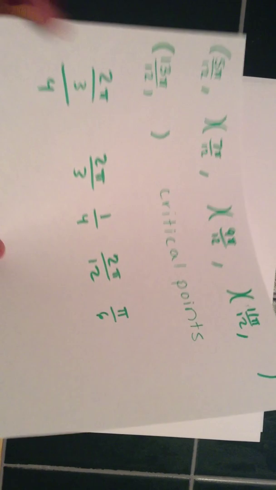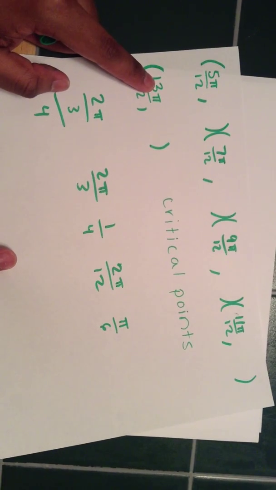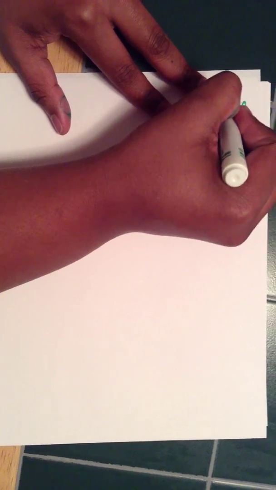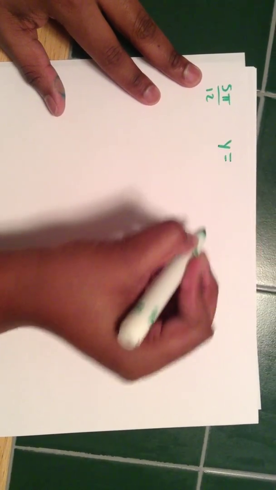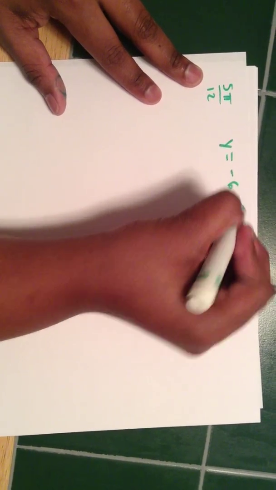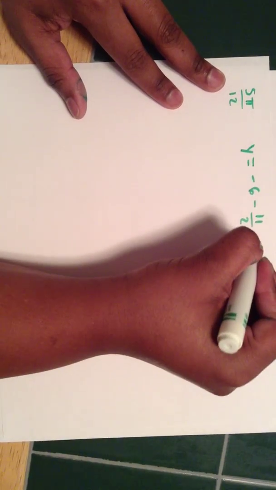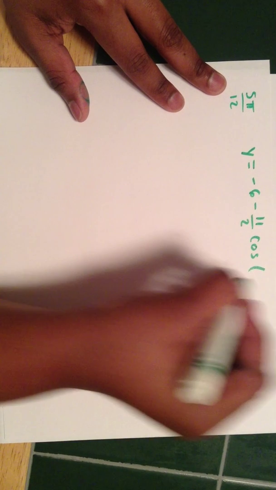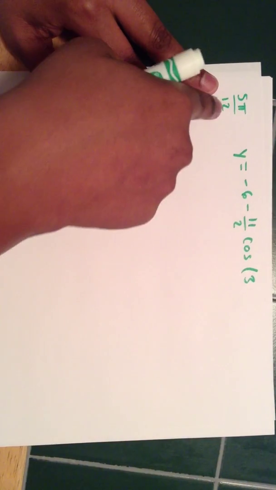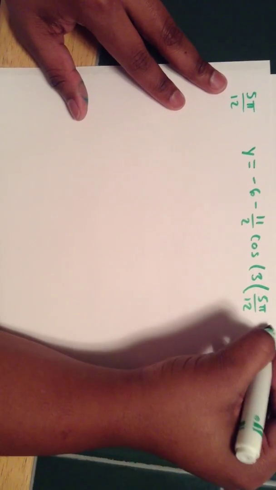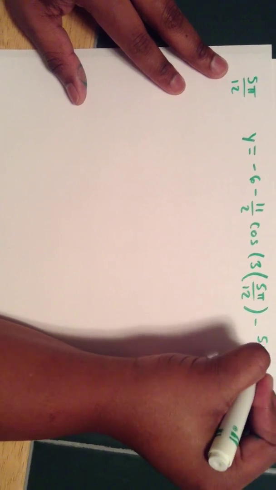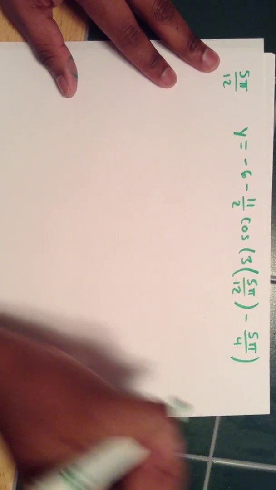Okay. Then you will plug these in to get your y, okay? So the first one was 5 pi over 12. So you will plug that into your equation. So it will become y equals -6 minus 11 halves cosine of 3, plug in your x, which is 5 pi over 12, times 5 pi over 12 minus 5 pi over 4.